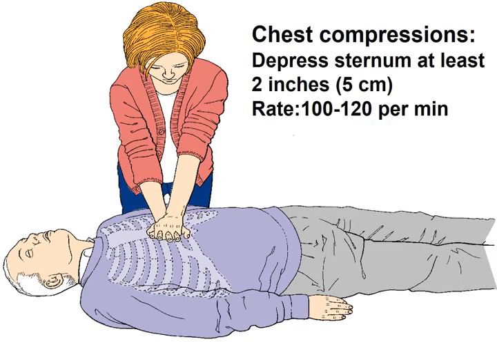Start chest compression on the anterior chest wall and depress the sternum at least 2 inches, at least 5 centimeters, and do 30 compressions at a rate of 100 to 120 compressions per minute.